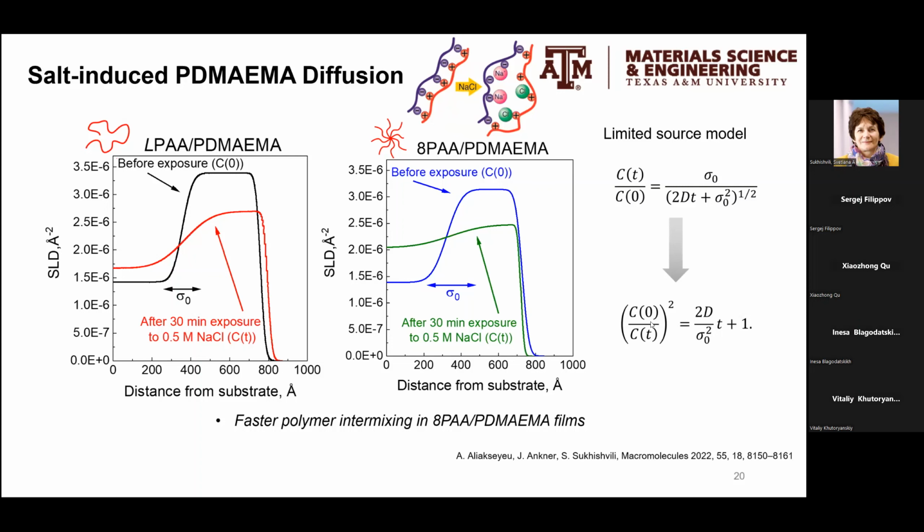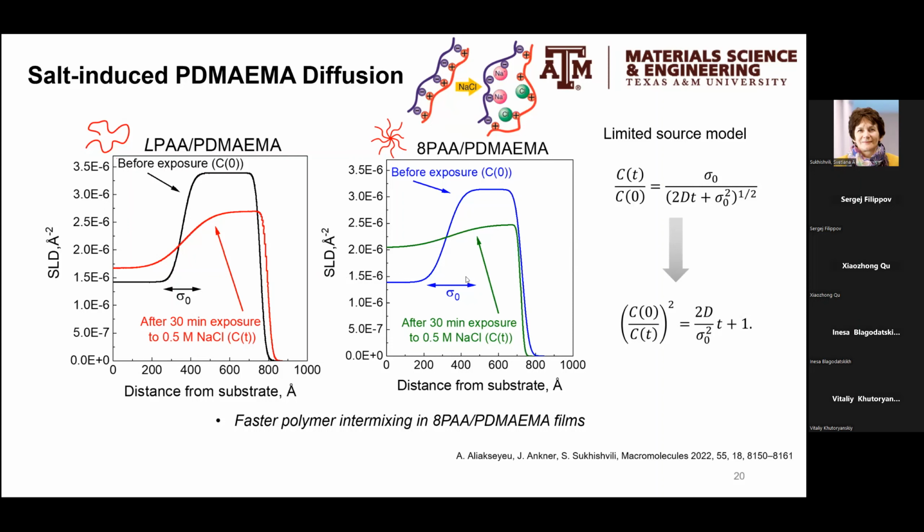C naught is the concentration derived from the SLD in the beginning of the experiment, and CT in the plateau region of the deuterated stack. CT is the change of the concentration of deuterated species after time t.